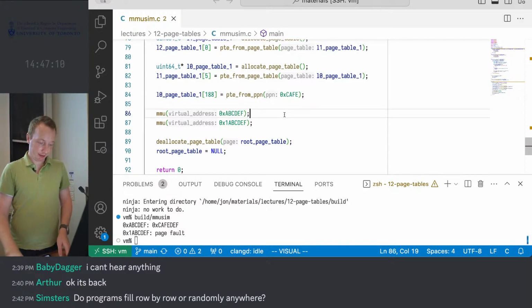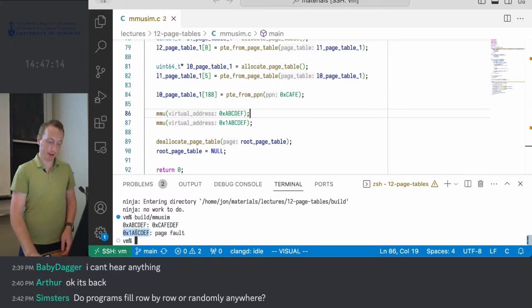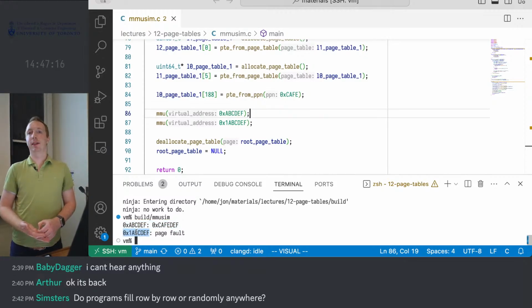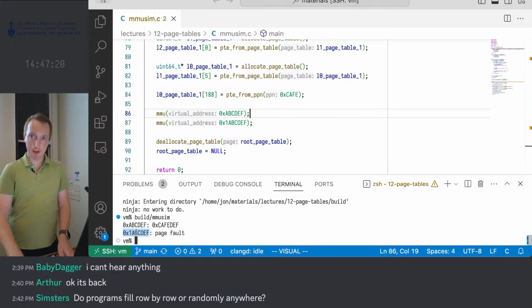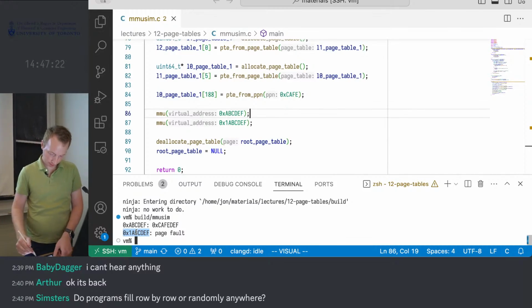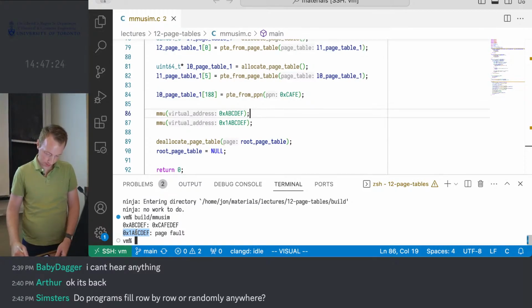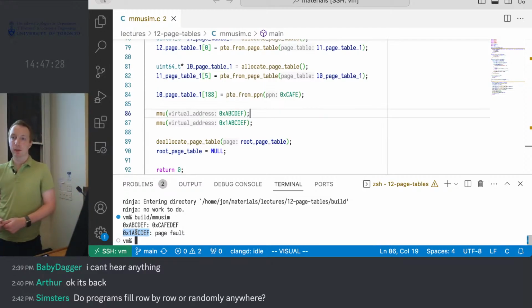All right, so can we figure out why this translated properly and this address did not translate properly? Yeah. If page numbers are assigned at random, you actually assigned a page number to CAFE, C-A-F-E.